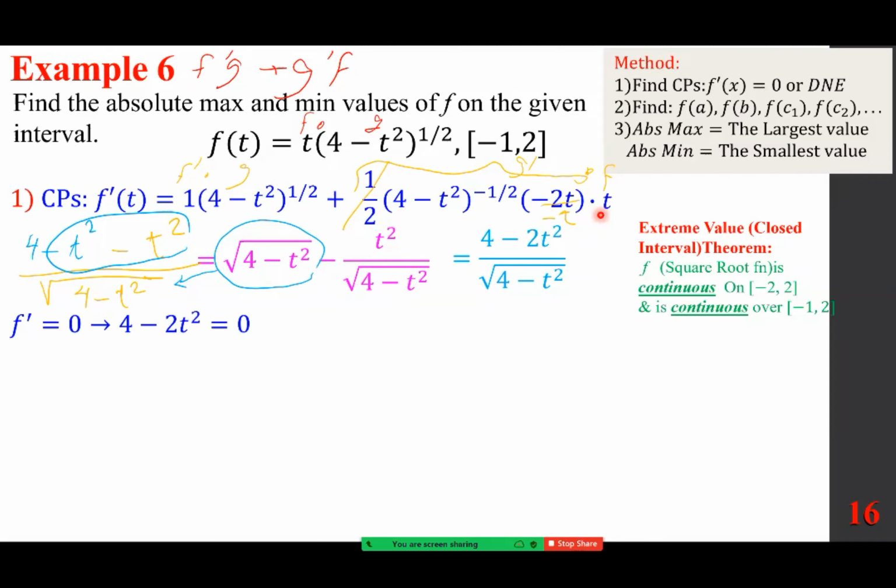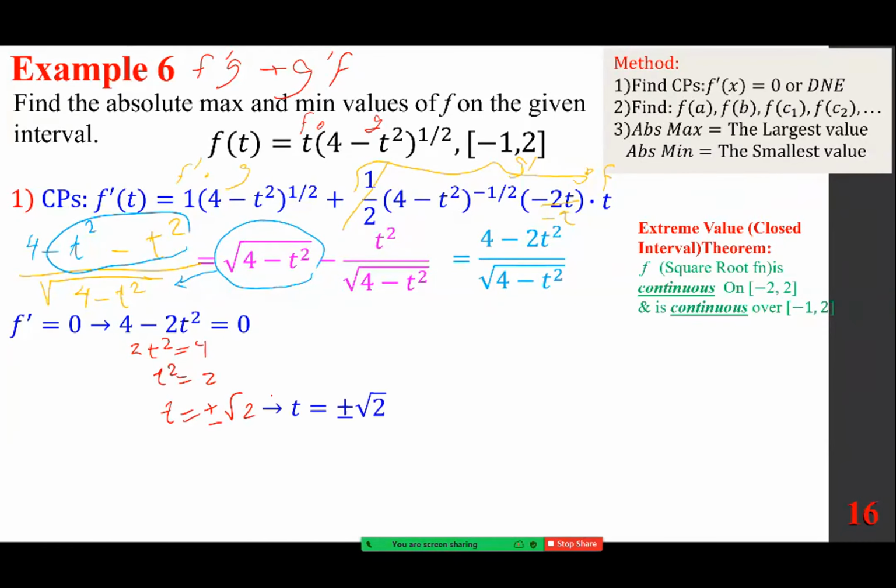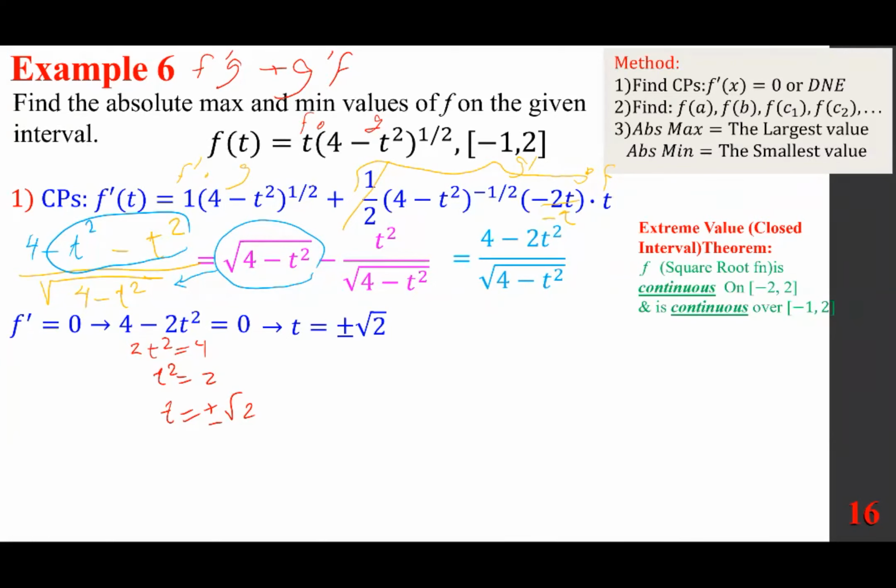That means 2t squared is 4, t squared is 2, and t is plus minus square root of 2. That's the meaning of it. Again, let me clean up the mess.